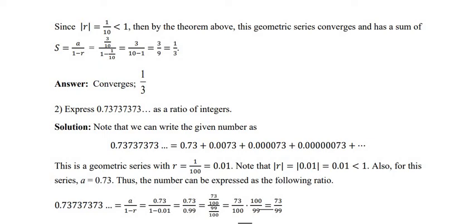And the initial term of the series a is 0.73. So the sum of this series is a by 1 minus r, 0.73 by 1 minus 0.01. This gives us the rational number represented by this repeating decimal. It's 73 divided by 99.